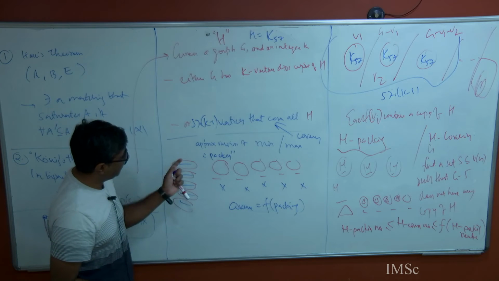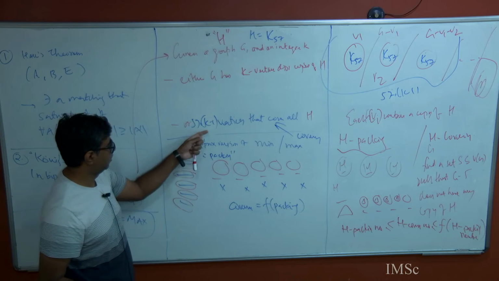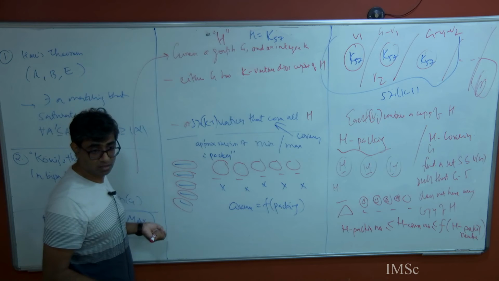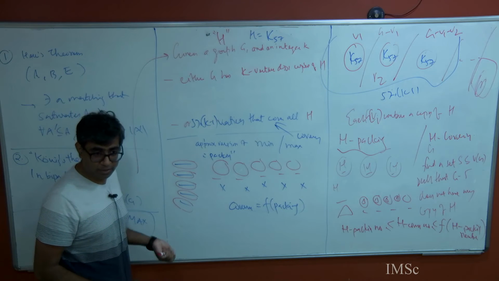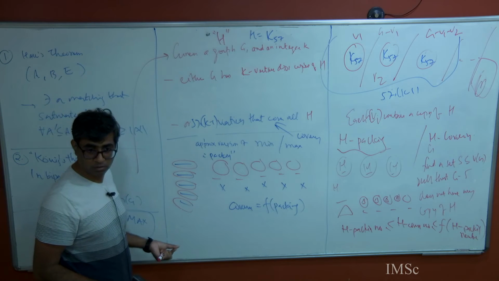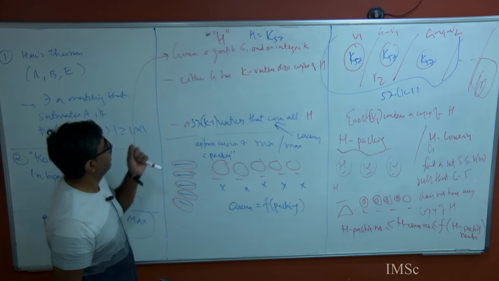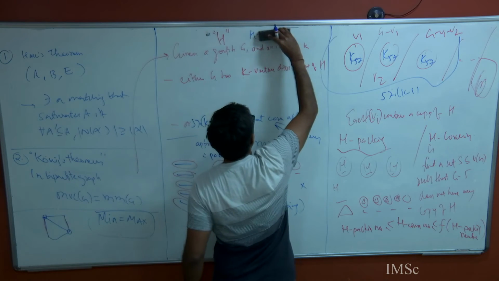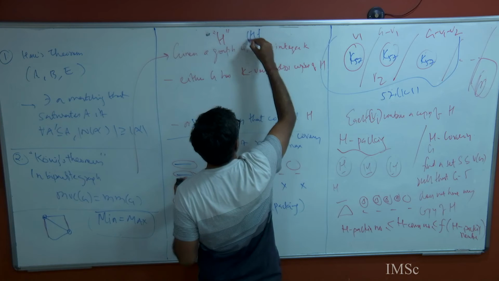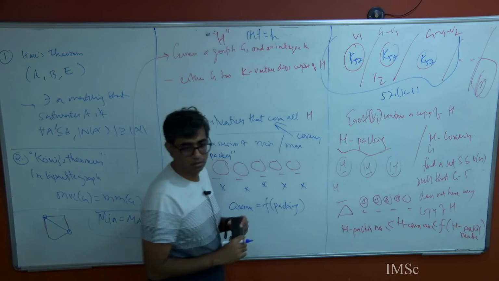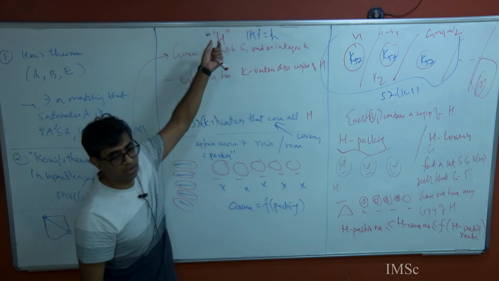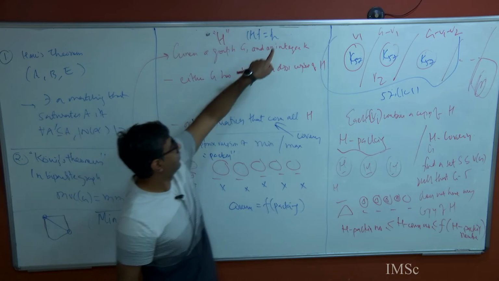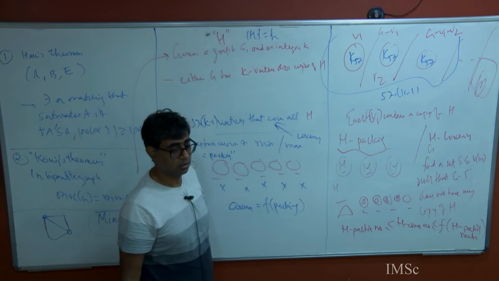So was there anything about h here? Did it matter what h we took? I gave you h, which had size h, and I want to pack h. Does it matter?